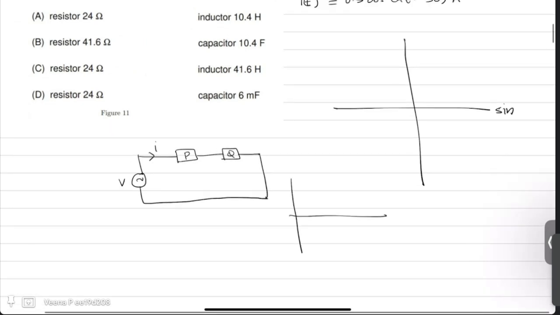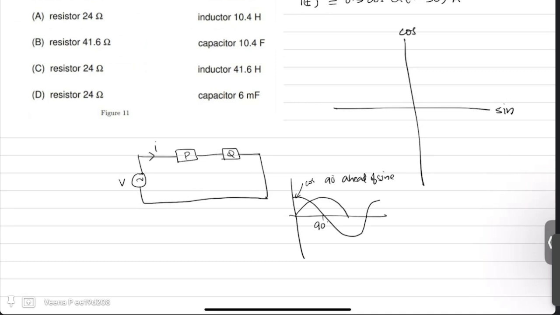A cos signal is like this, and a sine wave is like this. So the cosine wave is 90 degrees ahead of sine. So in the quadrant axis, cos will be on the y-axis if you select sine on the x-axis.